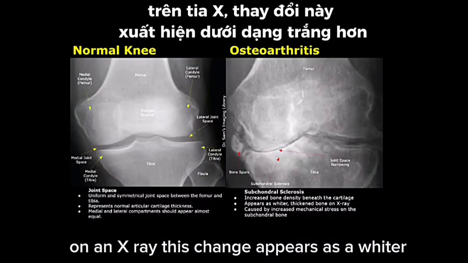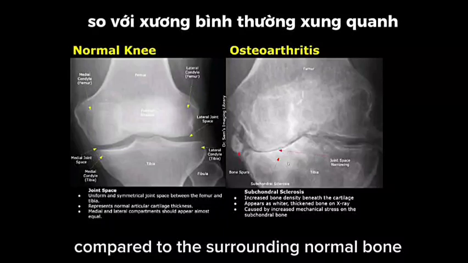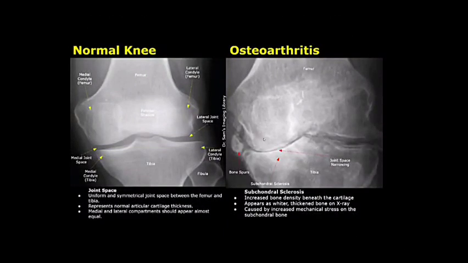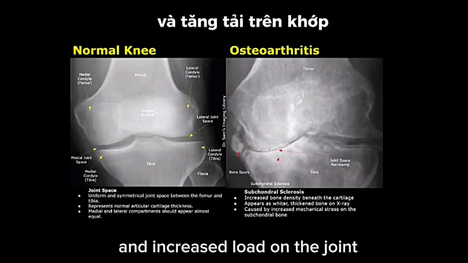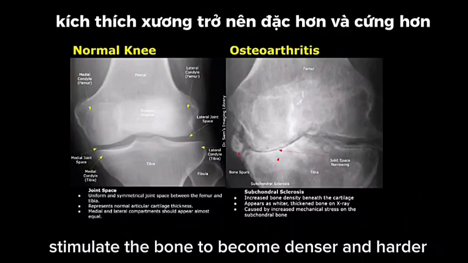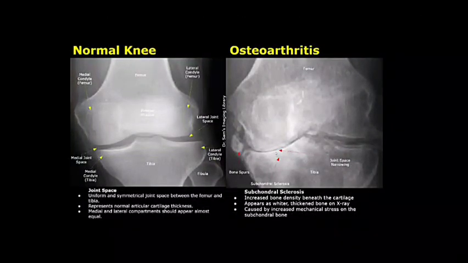On an X-ray, this change appears as a whiter and thicker area of bone compared to the surrounding normal bone. It occurs because repeated mechanical stress and increased load on the joint stimulate the bone to become denser and harder as a compensatory response to cartilage degeneration.